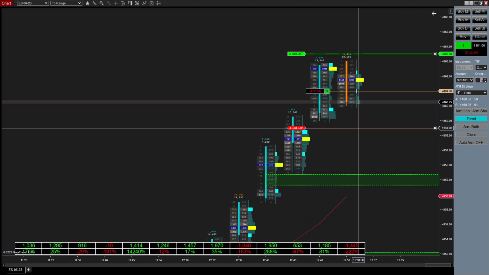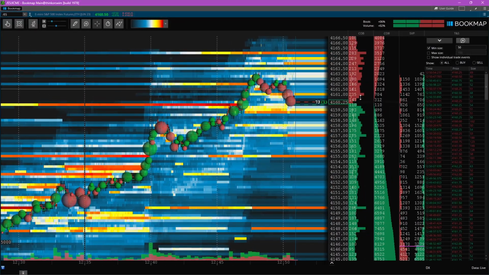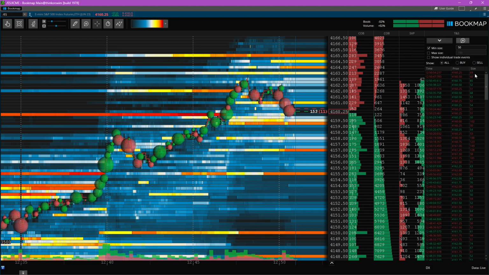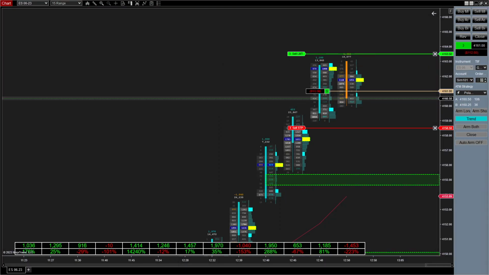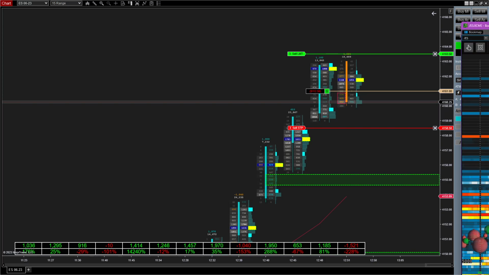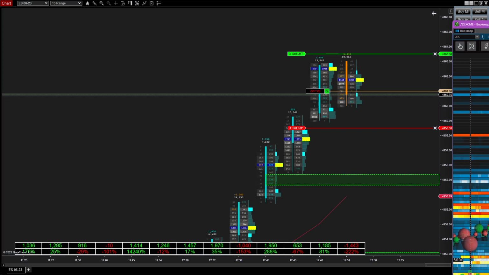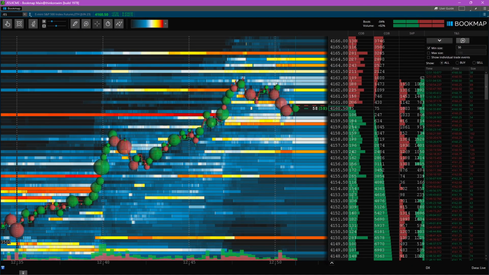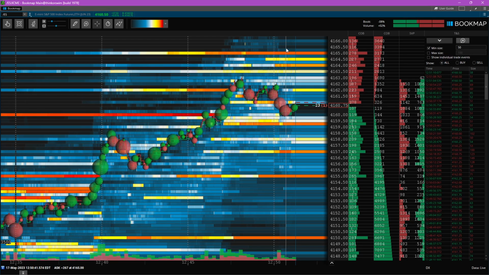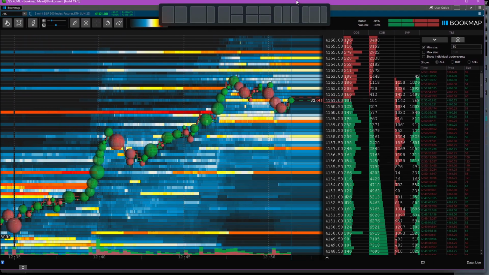So getting a little closer to our stop loss there. But yeah, a lot of selling coming in. You can see that here. You can check the delta there. Big delta change. We did get really close to our take profit. About half a tick, or half a point off. Yep, half a point off.